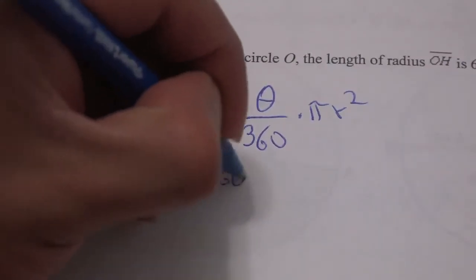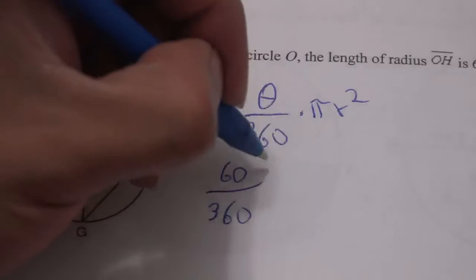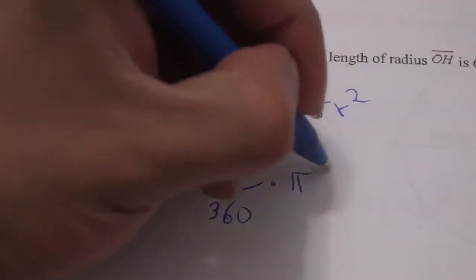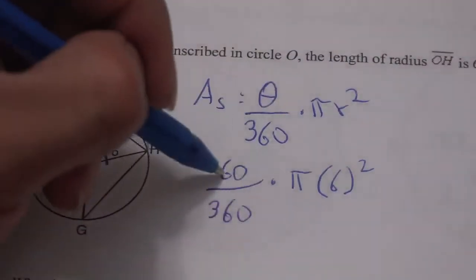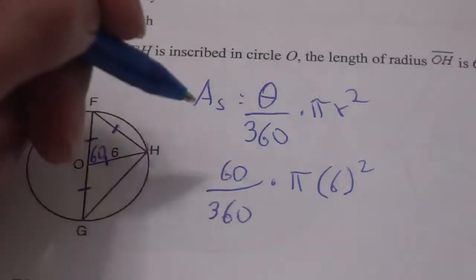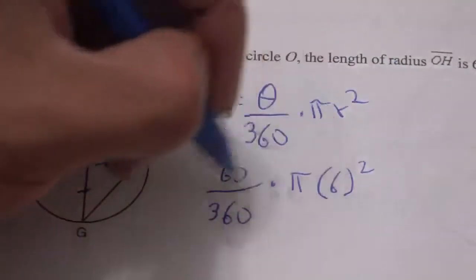All right, then. So 60/360 times pi times the radius. The radius is 6 squared, right? Okay, so now 60/360 is just 1/6.